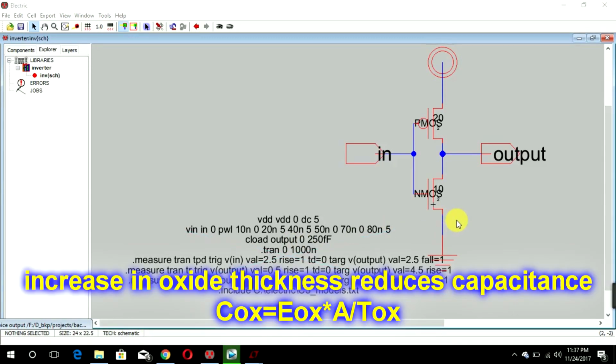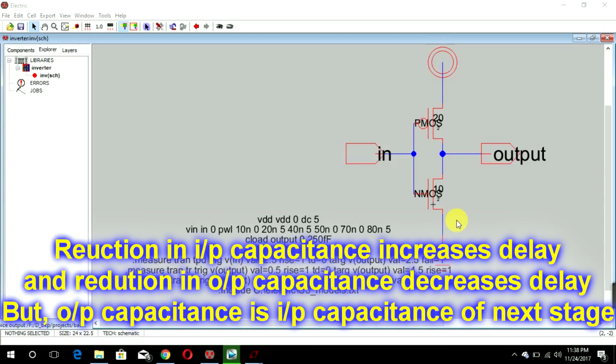In order to reduce the capacitance, the input capacitance of the next stage should be smaller, and to do that you have to increase the oxide thickness. When you increase the oxide thickness, you are actually increasing the delay of that transistor, because when you decrease the COX, your current is decreasing. Your IDS is directly proportional to your COX.